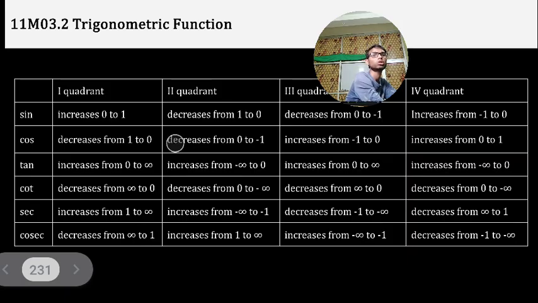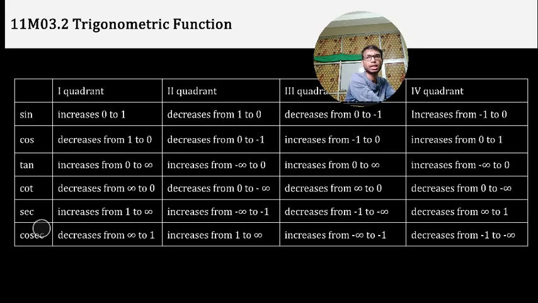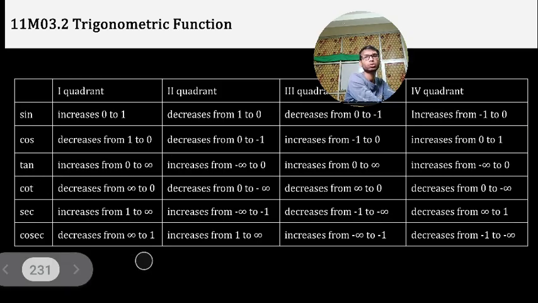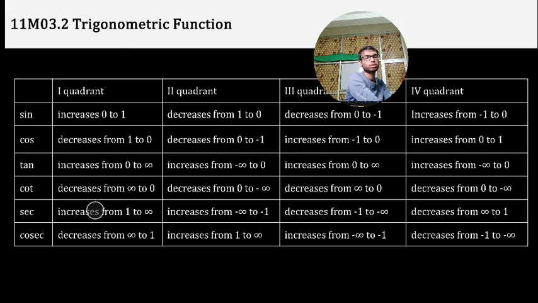These four trigonometric functions reach infinity, but the difference is that sec and cosec start from 1 to infinity, not from 0 to infinity. Clear?